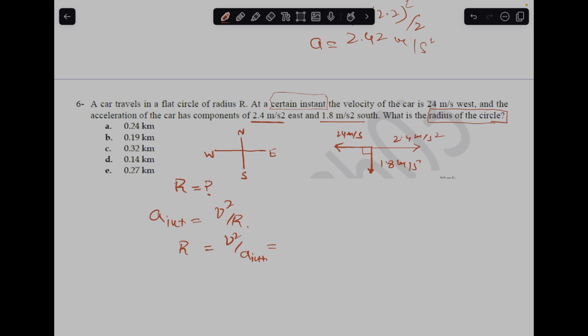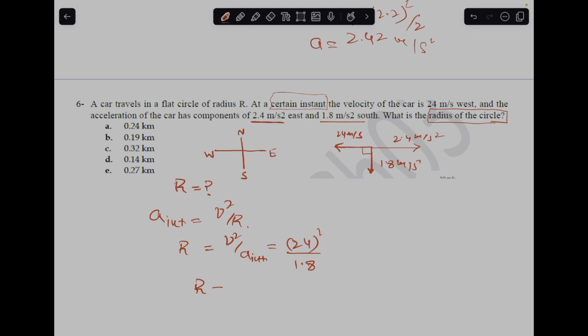So v squared is 24 squared divided by the instantaneous acceleration, which is 1.8. So 24 squared divided by 1.8 is 320 meters.